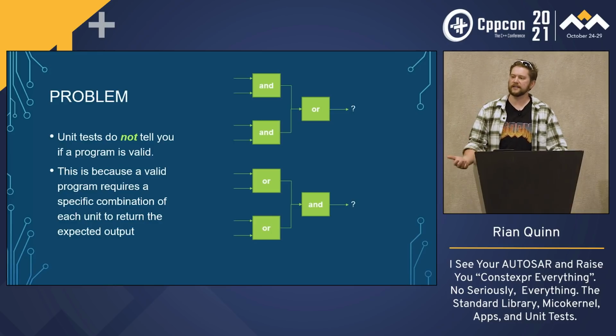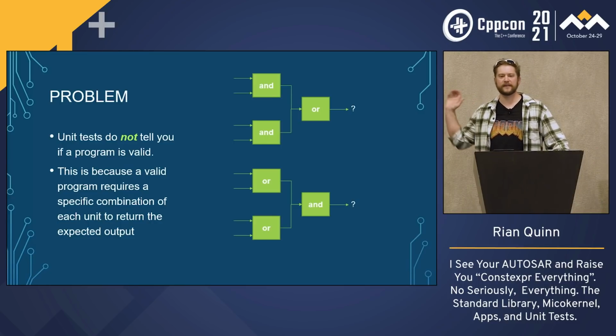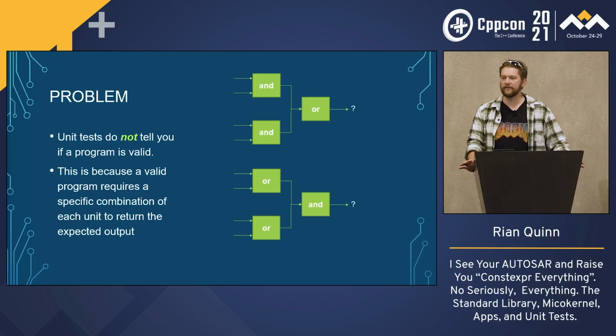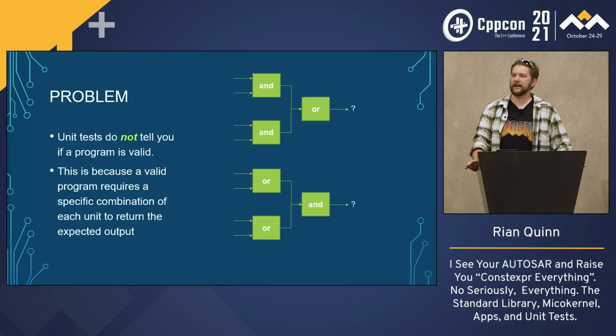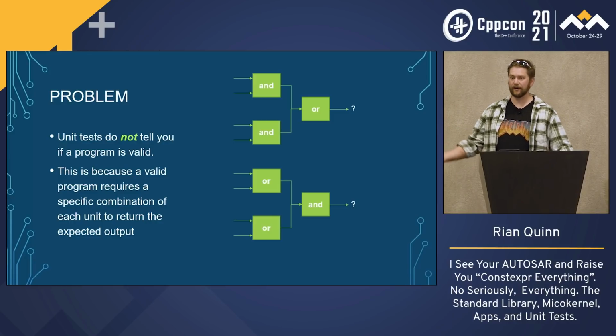But I can combine these subcomponents in any order and any combination I want to produce whatever output I want for the final program. So I can unit test all of my subcomponents all day long, and I'm never going to know if I have a valid program. To determine if I have a valid program, I have to give the program all of its inputs and verify that the program itself outputs everything as expected.